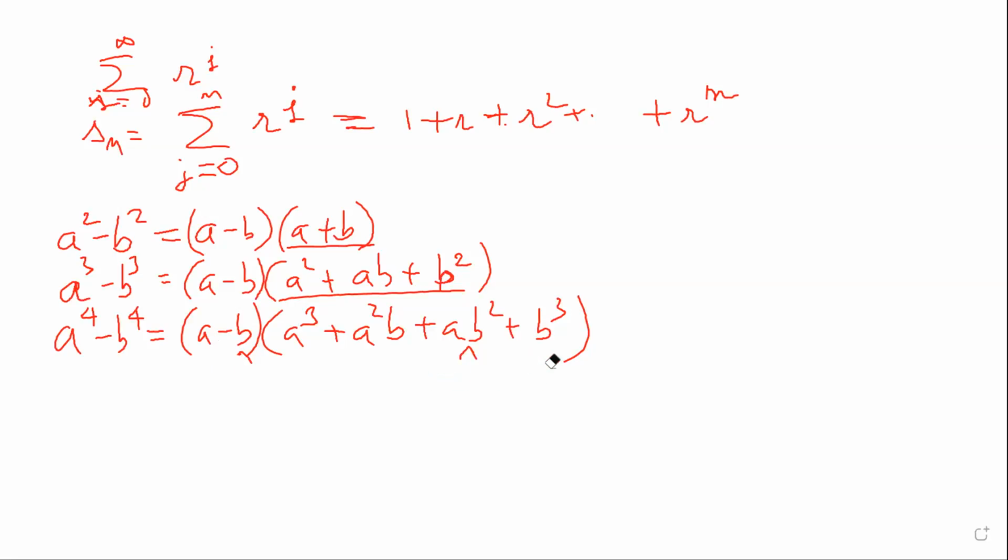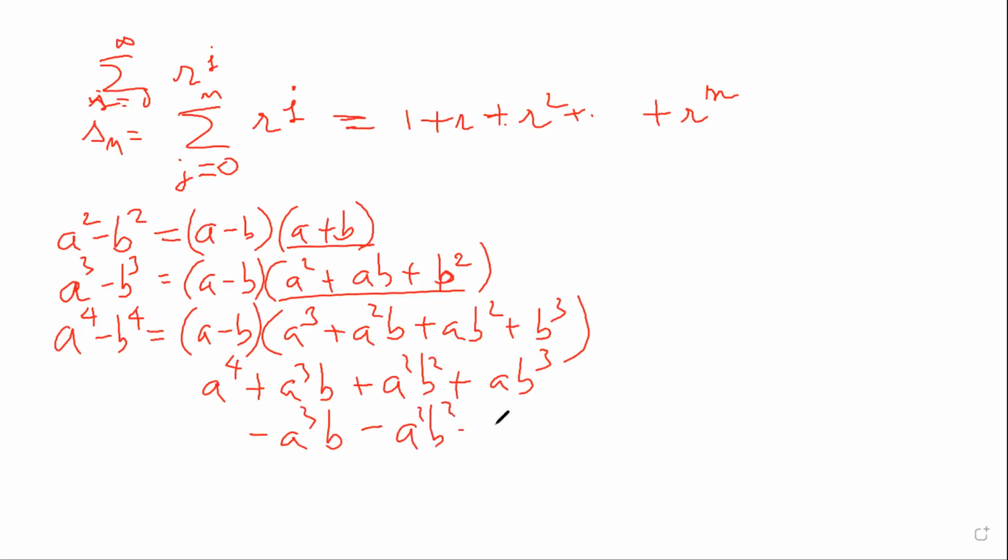Or if you want to, you can just multiply this out, and you would get A to the power 4, minus A cubed B plus A cubed B plus A squared B squared plus A B cubed, and then minus B times all this gives you minus A cubed B minus A squared B squared, and then minus B to the power 4, which is the last one.